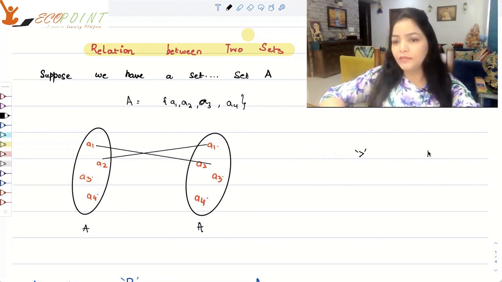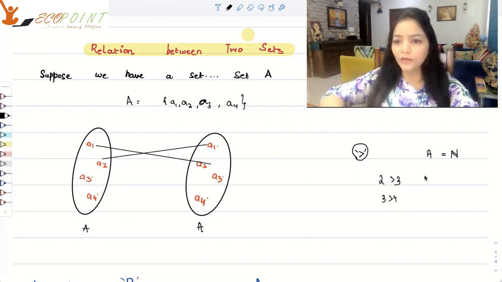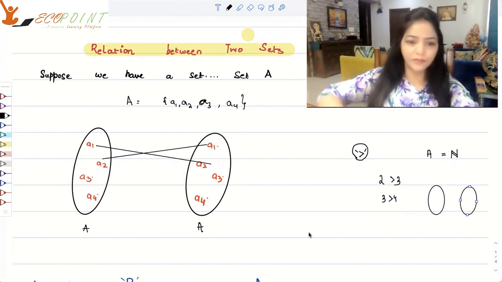If I am taking A as the set of natural numbers, then every natural number is related to each other with this greater than relation. 2 is greater than 3, and 3 is greater than 4, and so on and so forth. So what I can do is I can create a relation from N to N. That's the situation I'm talking about here.